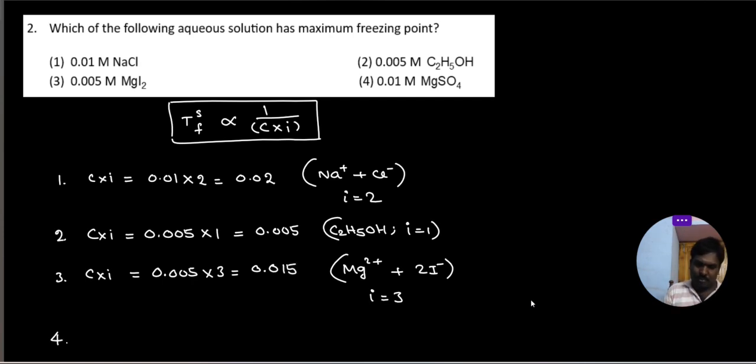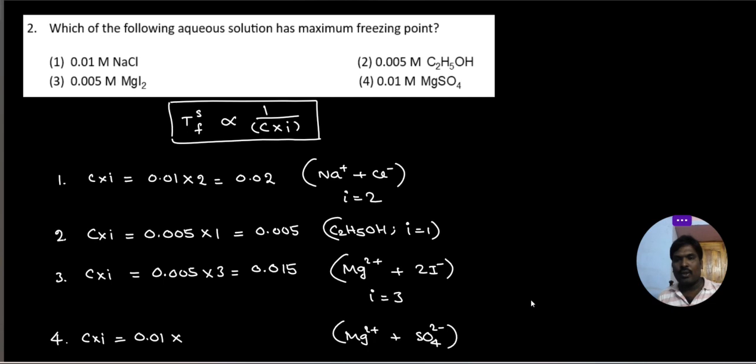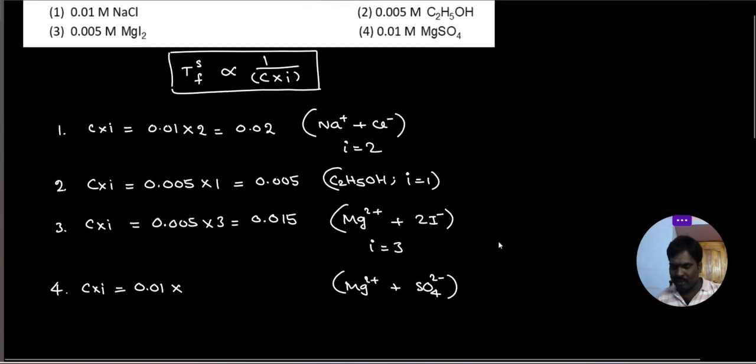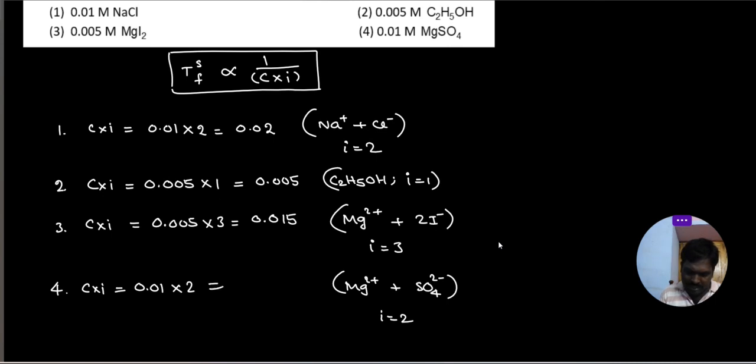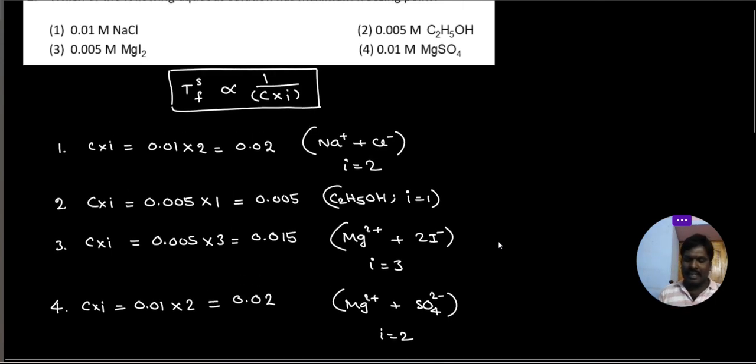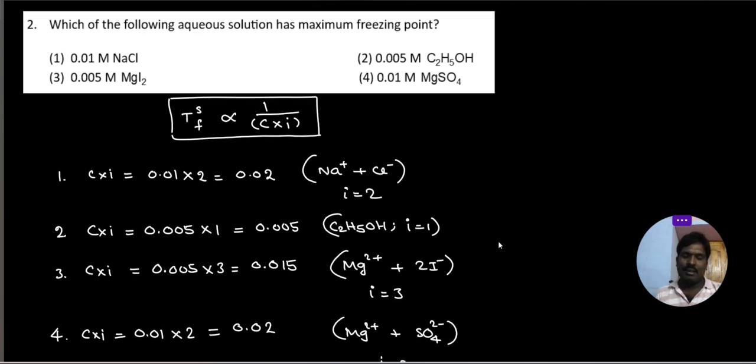Now coming to fourth option, C into I: 0.01 into magnesium sulfate, Mg2+ and SO4 2-. Now how many particles? 2 particles, I equal to 2, then 0.02.